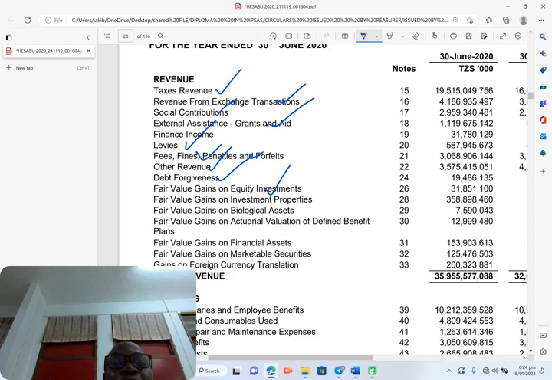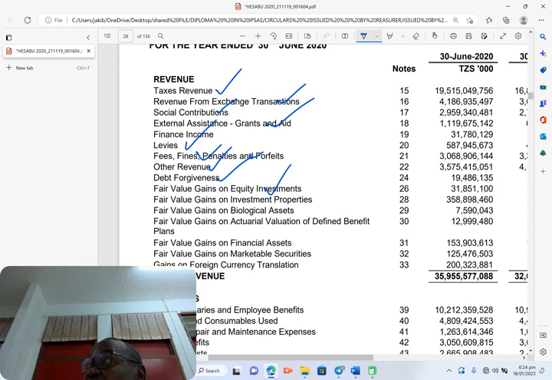Fair value gain on equity investment. We have fair value gain on investment property in IPSAS 16, which means that these buildings are being reported using fair value rather than the cost model. Actually, this one may conflict with the accounting policy adopted by the government.